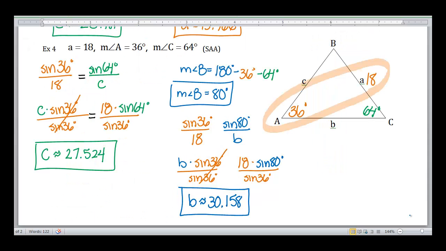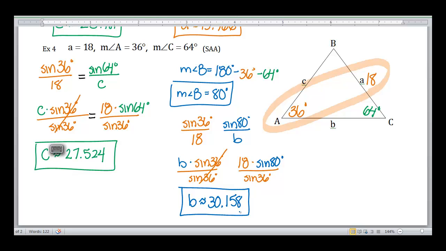Notice in example 4, we were already given an angle and its opposite side length. So that is the ratio that I used each time that I knew both things for. Then, since I was given angle C, I solved for side C first and got 27.524.